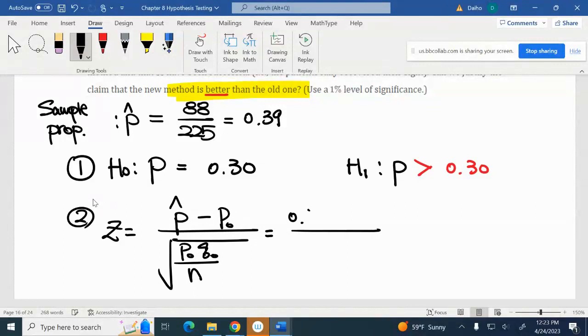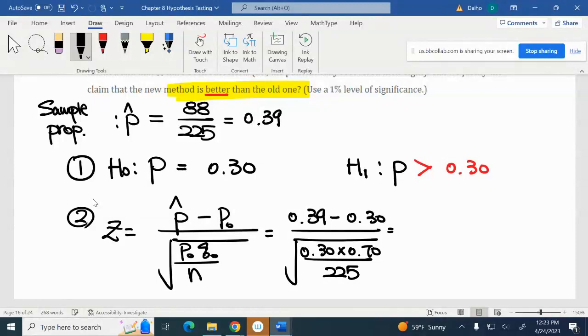Now, second step, the z-score is p hat minus p0 over the square root of p0 q0 over n. So now I plug in 0.39, 0.30, 0.70, sample size 225. When I take the difference, it will be 0.09.